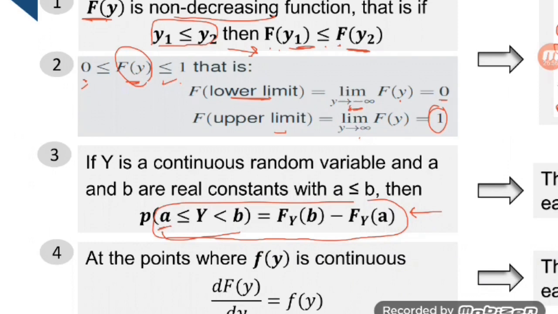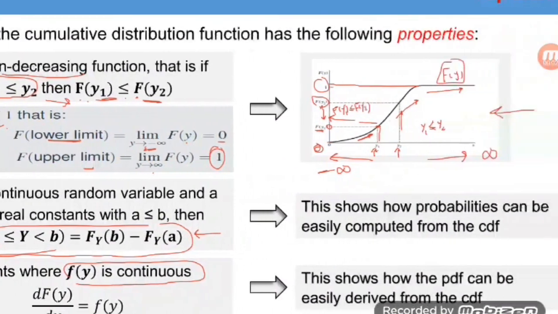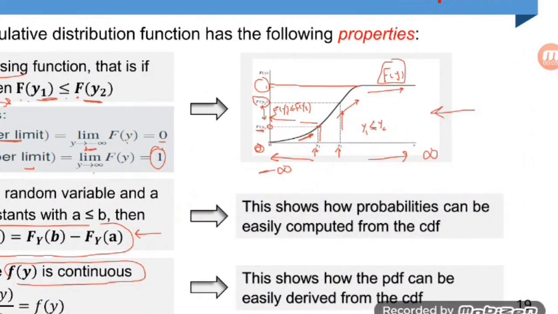We know that we can find the cumulative distribution function from the PDF by integration, so we can find f(y), the PDF, from the cumulative distribution function by the reverse operation, which is differentiation, but this can never be done unless the PDF is continuous. The fourth property shows how the PDF can be easily derived from the CDF by differentiation.